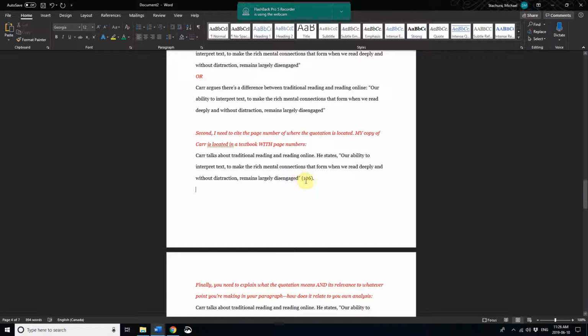So you do parentheses, page number, or last name if there are no page numbers, close the parentheses, and the period comes after. Okay, so don't put the period here. Okay, I see a lot of people doing that. Okay, don't do that. That's wrong. And you'll get marks taken off for that. The period in a short quotation always comes at the end.